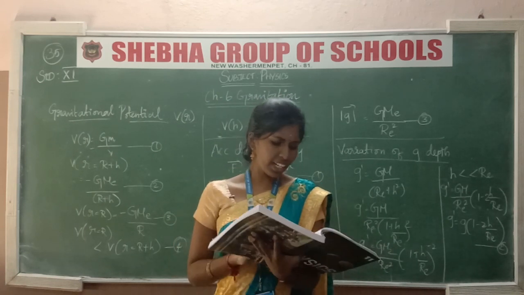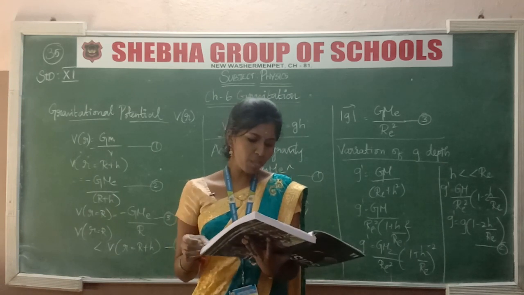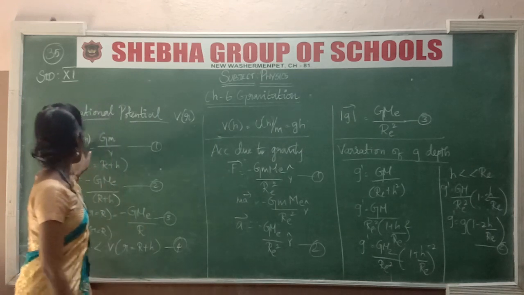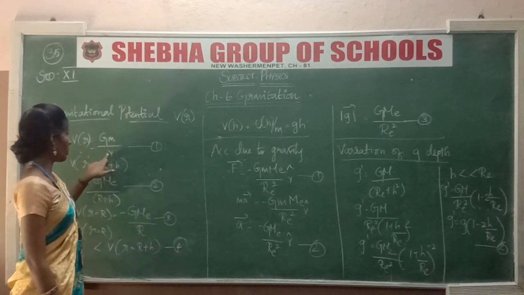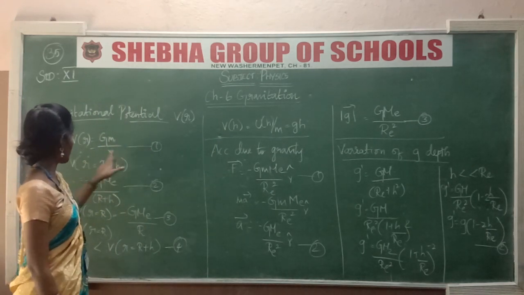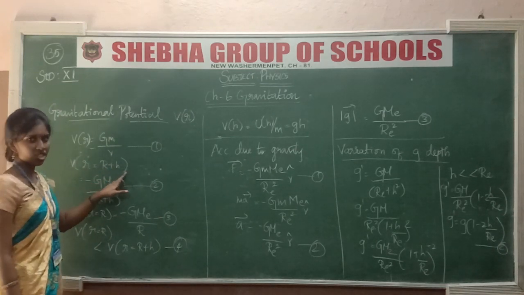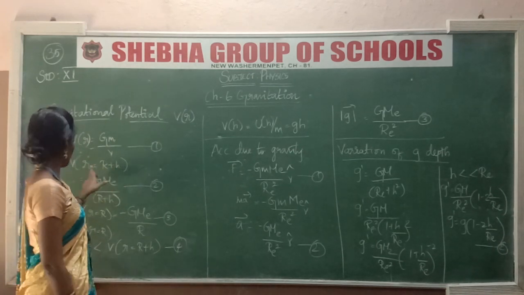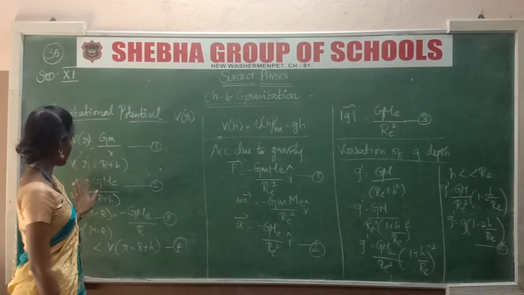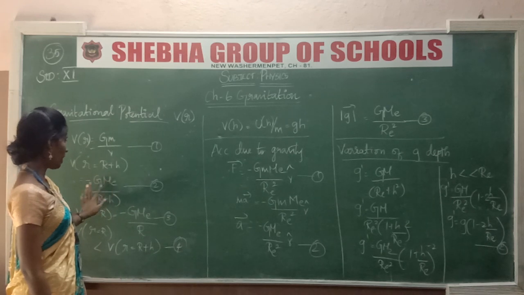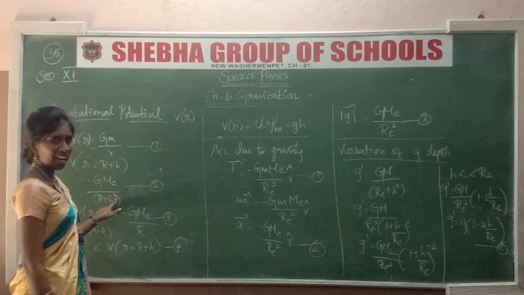So next one, we take it as a derivation form. So gravitation potential V is equal to R. So VR is equal to G m1 divided by R, with a minus. So first equation: V is a value of R, where R is equal to R plus H. Okay, radius plus height. So it's the R value. Okay, substituting this R value, it equals minus G me, mass of the earth, divided by radius plus height.